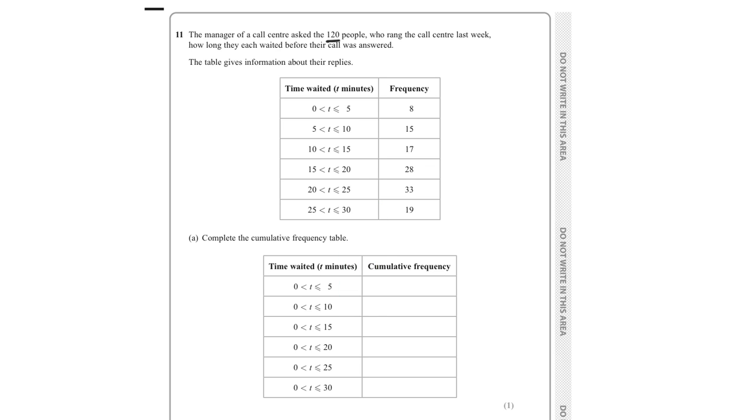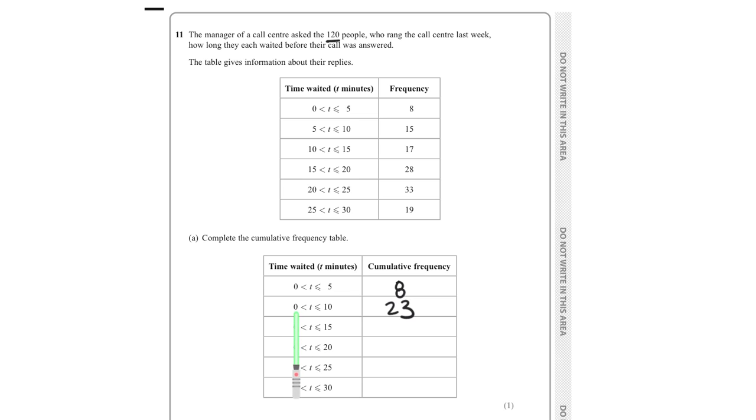Now, even if you've never been taught this before, if we were to use common sense, it would help us. Let's read the table properly. Between 0 and 5, how many people were called? 8. Between 0 and 10, how many? 15 plus 8 is 23.